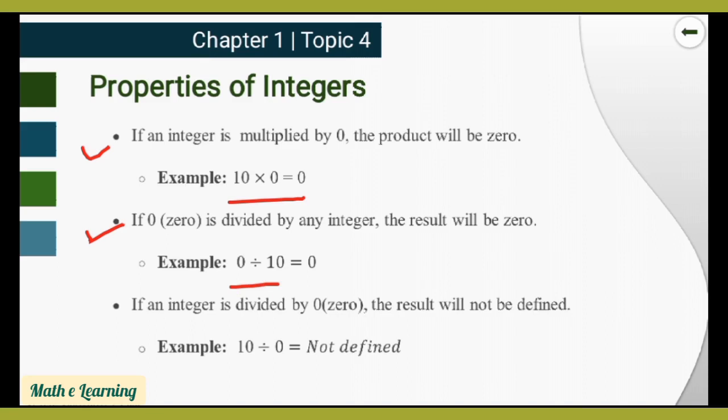Okay, so here in this example 0 is divided by 10 and the result is 0. If an integer is divided by 0, the result will not be defined. If we divide any integer, in this example 10 is taken, 10 divided by 0 is not defined in mathematics, right? So remember all these more properties about integers.